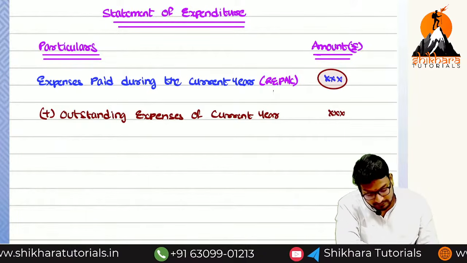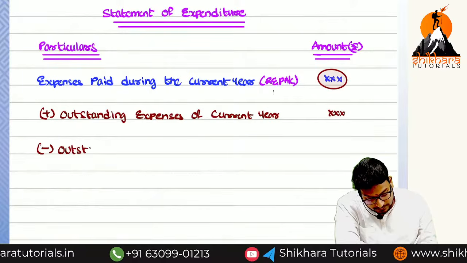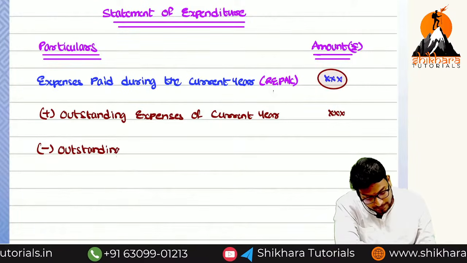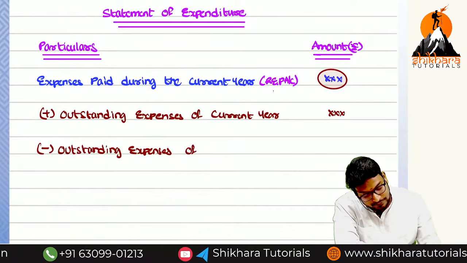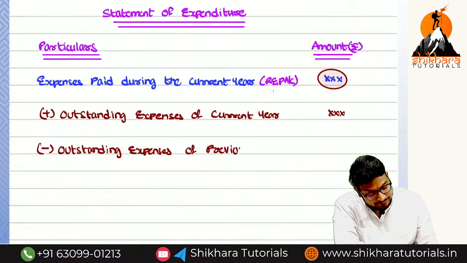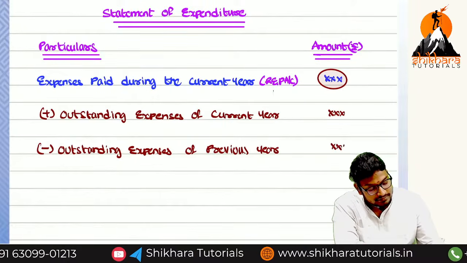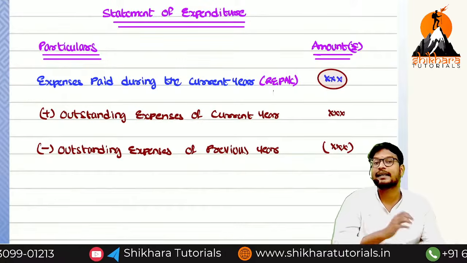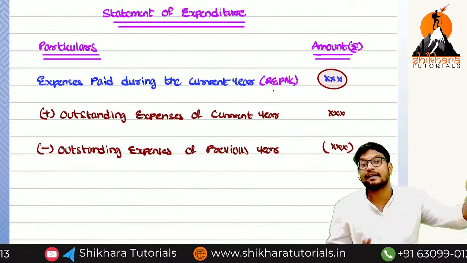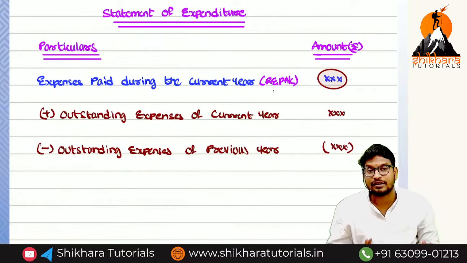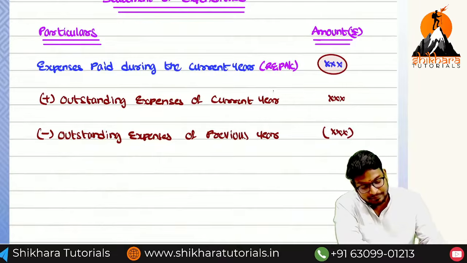So we minus outstanding expenses of previous year. We should not consider previous year or next year items, only current year items, because we are following accrual basis.